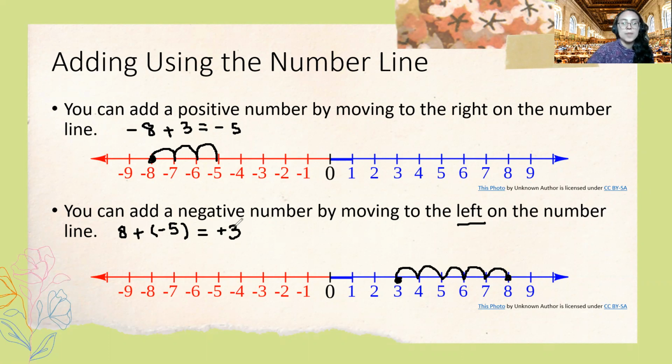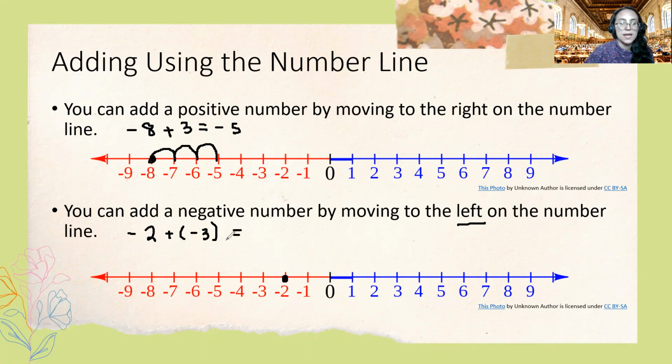Okay? But what if we had something like -2 plus -3? What would that sum be? So you would go to -2, which is going to be on the left-hand side of 0.